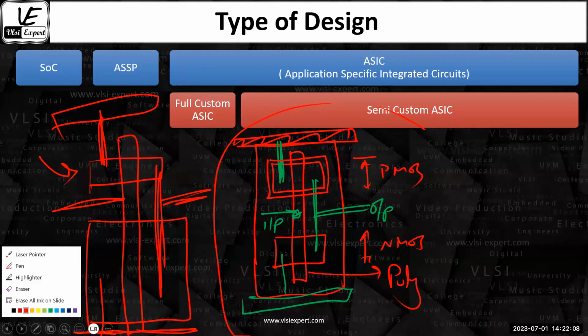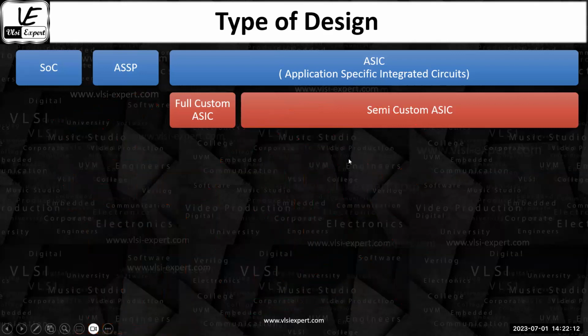In fully custom, there is nothing as a standard. Everything you can design as per your specifications. If you want to make the P area bigger and the N area smaller, you can do that. If you want to do the reverse, any height, any width, you can do anything. From the shape point of view, nothing is standard.